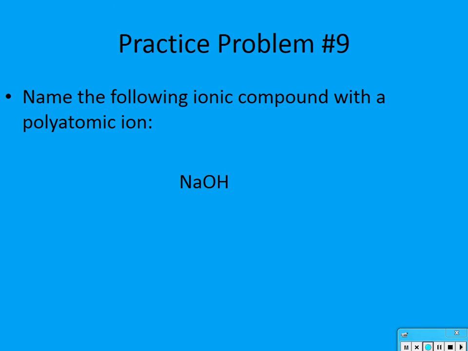Practice problem number 9 says to name the following ionic compound, and it has a polyatomic ion in it. First of all, what's the polyatomic ion in this compound? Hydroxide. Yes, it's OH, hydroxide. So there's our polyatomic ion. Now let's name it.